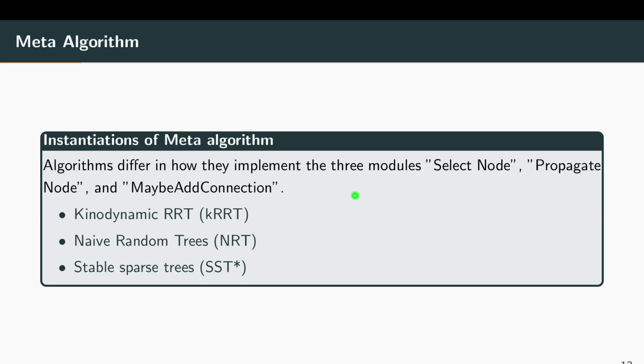Okay. And then we can basically use different combinations. We had 3 things, each of these 3 things had 2 or 3 options. So there's quite many combinations that you could do. And we just look at 3 of them, namely kinodynamic RRT, naive random trees, and stable sparse trees.